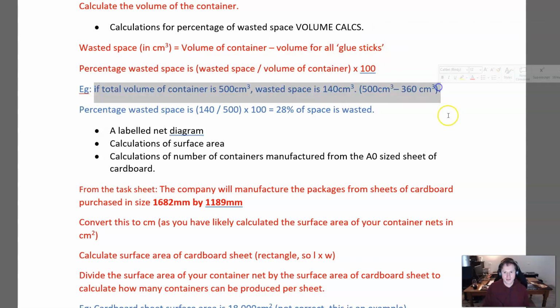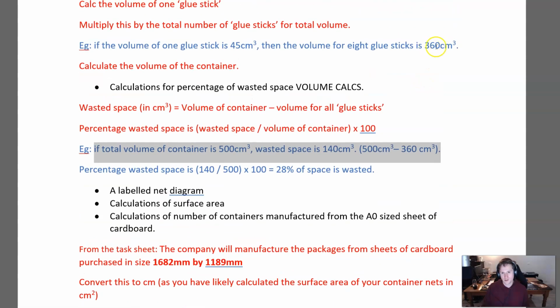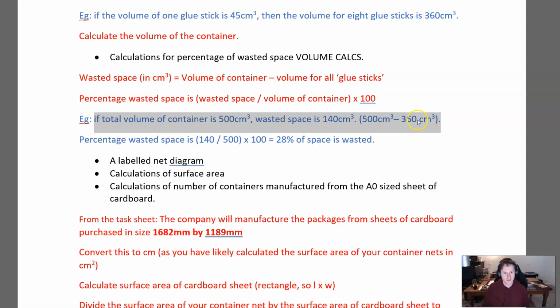So down here is my example. So if the volume of my container is 500 centimeters cubed, so I just kind of made up a volume for the purpose of this, the wasted space would then be 140 centimeters cubed, because using the 360, which was all of the glue sticks, 500 take away 360 would be that 140, okay?